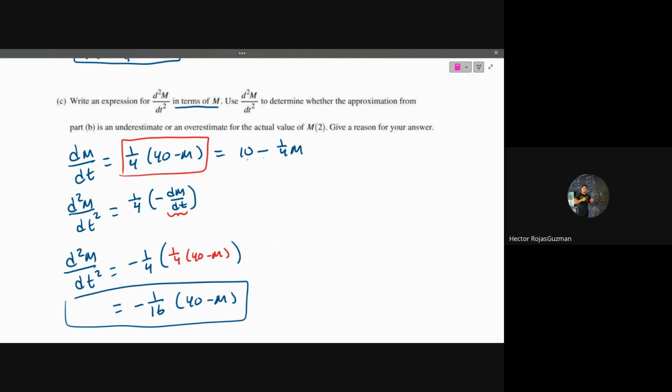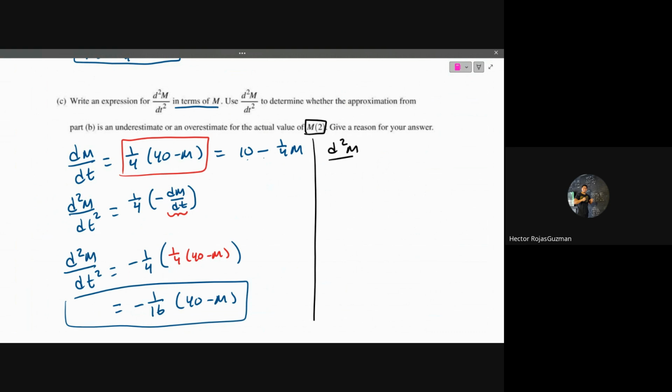Now we're going to use the second derivative to determine whether the approximation for part B is an underestimate or an overestimate for the actual value of m of 2. Technically, this is a question we can already answer based on the graph that we did, but here, let's go ahead and do it. Okay, so at m equals 2, right?